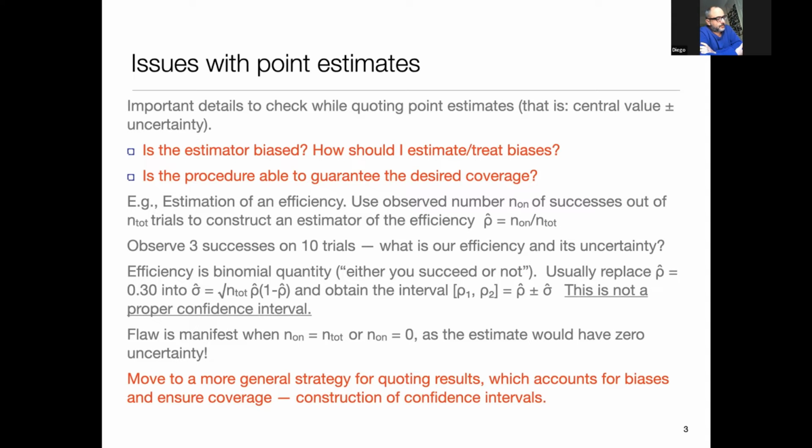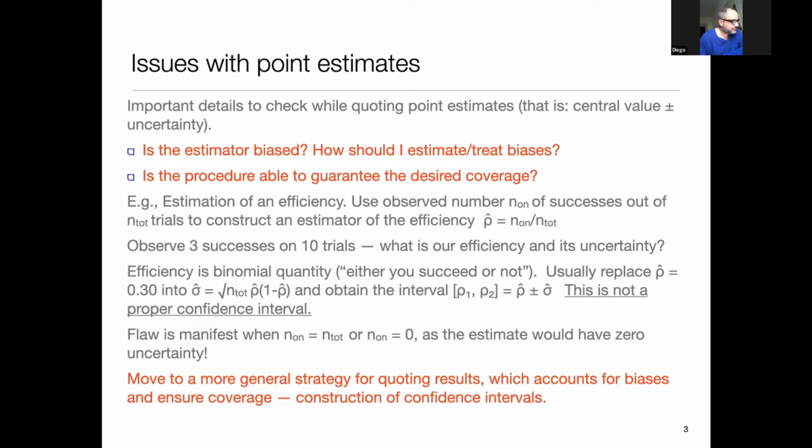You probably know that the estimation of an efficiency is basically a binomial estimation, because the efficiency is a binomial quantity: you either succeed or not. So what people usually do is replace the number of successes and the number of trials into this estimator rho hat and get, of course, 0.30, a 30% efficiency in this experiment.